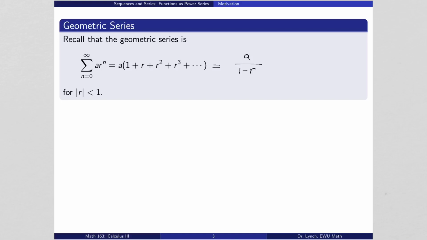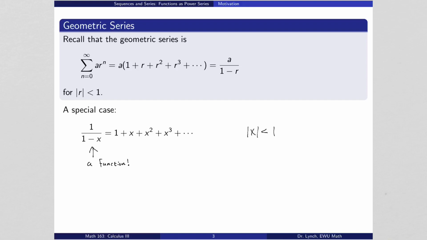So here we'll go ahead and have a look at a special case of this power series. That is when a is equal to 1 and r is equal to x. So in this special case, we know that our power series 1 plus x plus x squared plus x cubed and so on, converges and it takes the value of the function 1 over 1 minus x as long as x is less than 1 in absolute value.